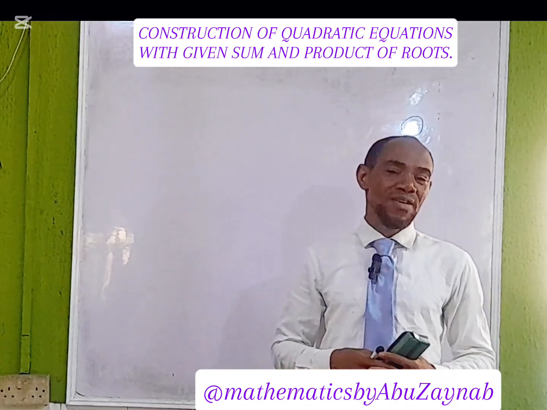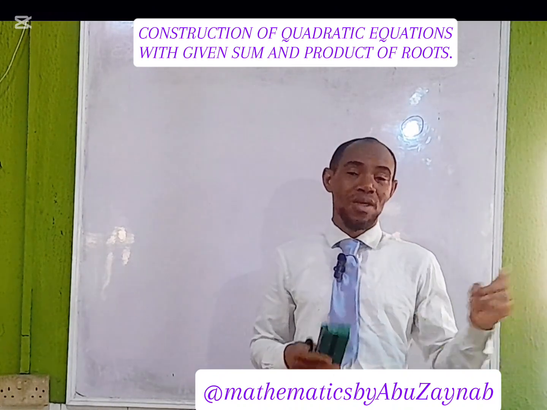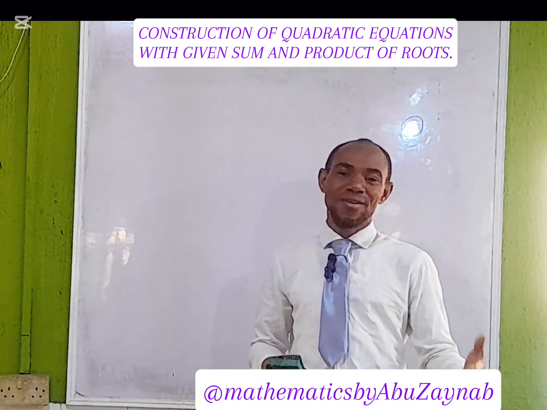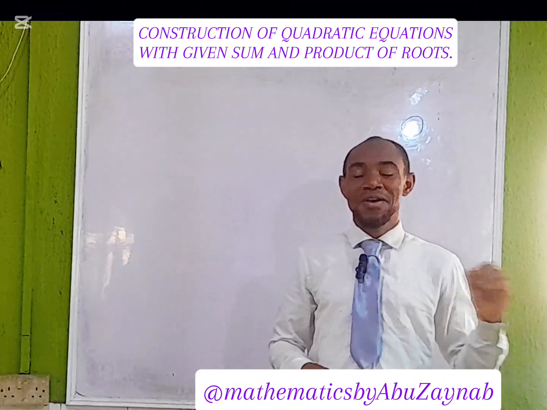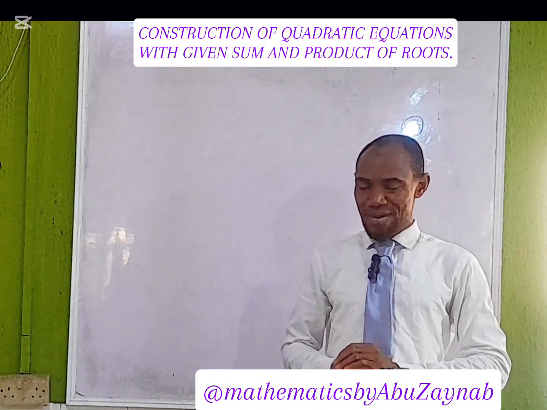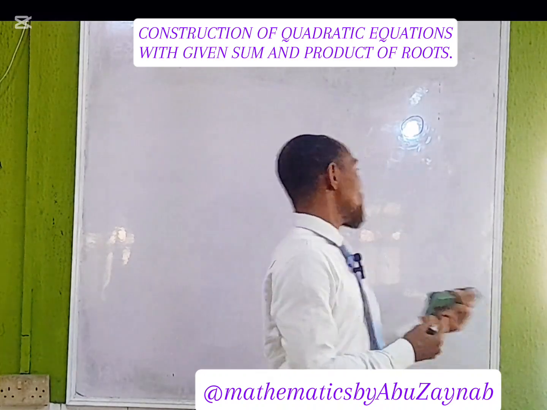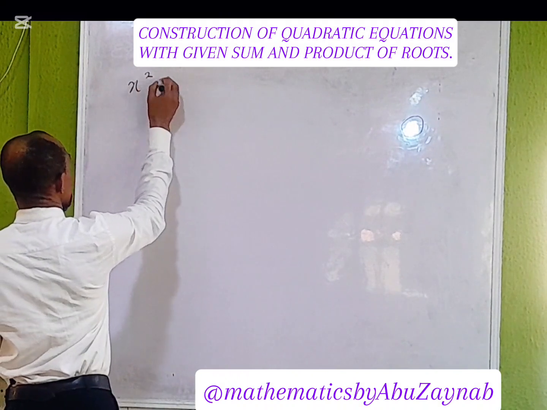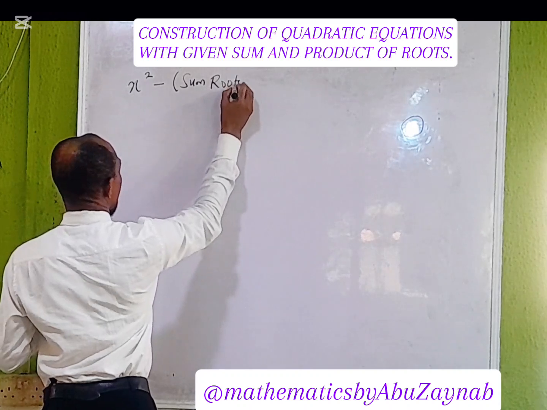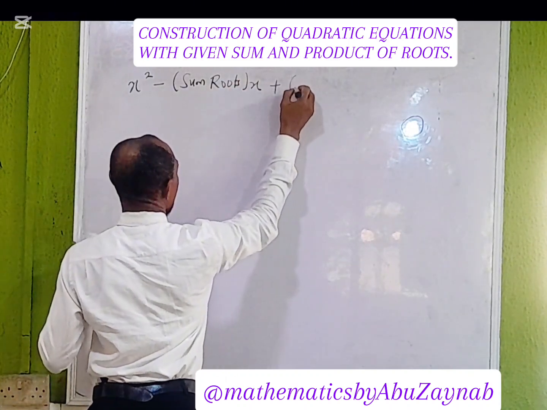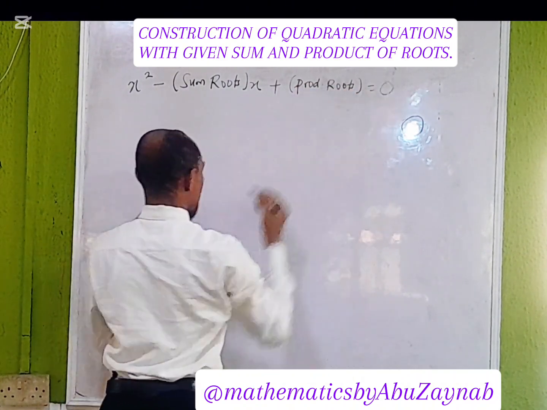The highlight of the class is that if you are given any two roots whatsoever, all you need to do is find their sum and their product and substitute in an already customized equation, which is x squared minus the sum of the roots times x plus the product of the roots equals 0.